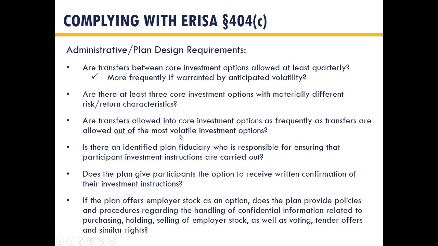And then this one, are the transfers allowed into the core investment options as frequently as they're allowed out of the most volatile? So the bottom line on this is if you have, say, a range of investment selections from conservative to aggressive, and someone's in the most aggressive investment option, and something happens to the economy that's a hiccup and the markets start to drop, ERISA wants your participant to be able to get into one of those more conservative choices at least as frequently as the plan allows them to get out of the most aggressive choice.